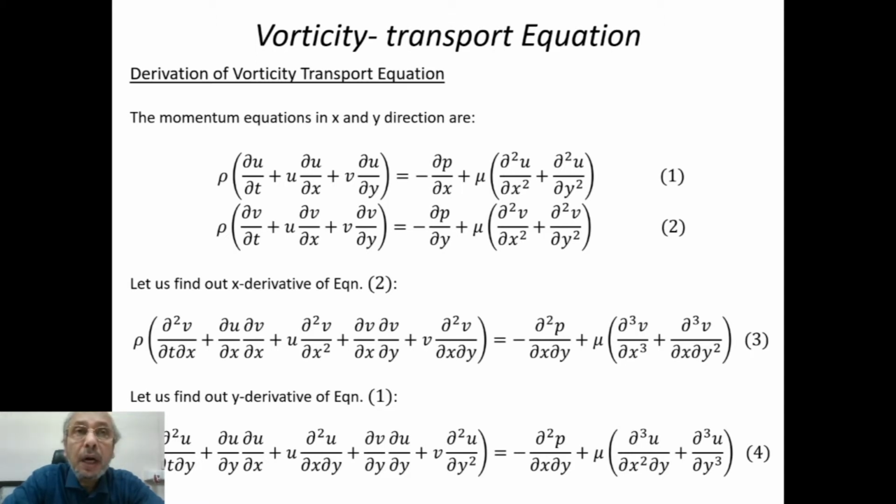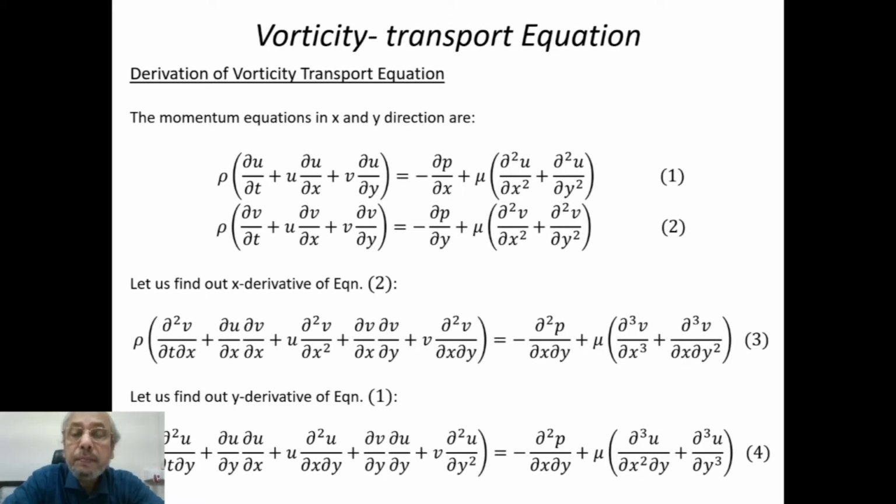So the governing equations become the vorticity transport equation and the equation for stream function. I have already mentioned the vorticity transport equation while discussing preliminaries, but I will mention it here again.